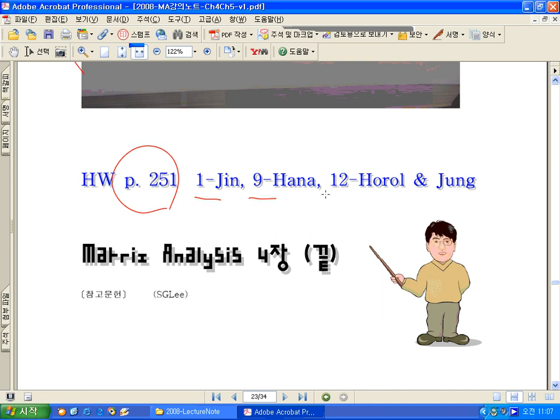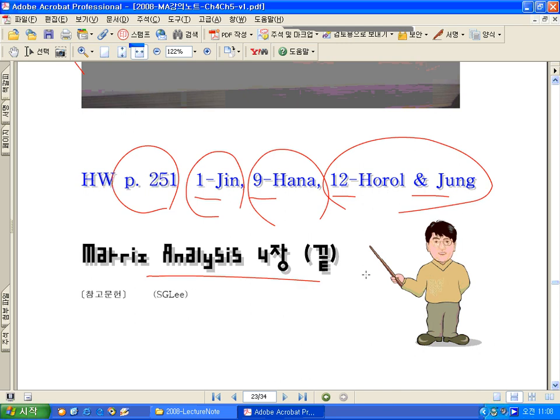I assign you three problems. Jin and Sung-tae do problem number 1, Hana does problem number 9, and Horor and Jung do problem 12. I think this is the end of chapter 4, which was a long chapter.